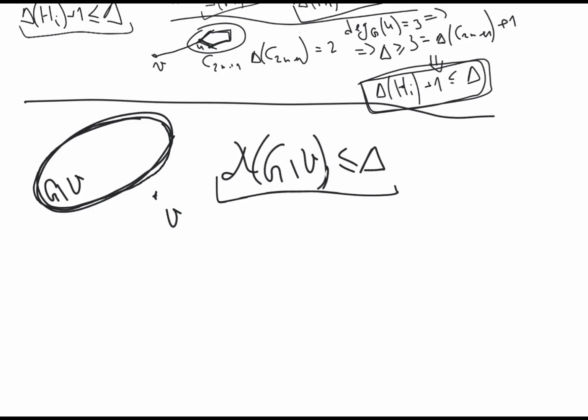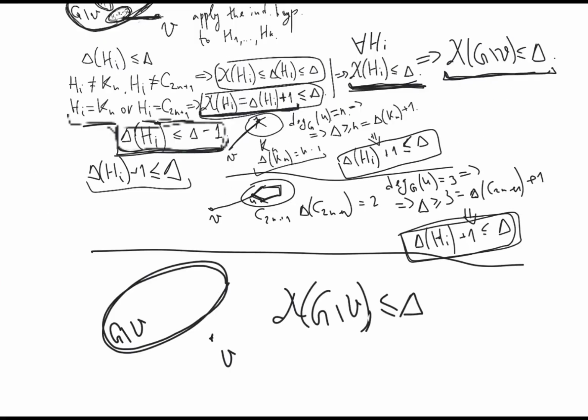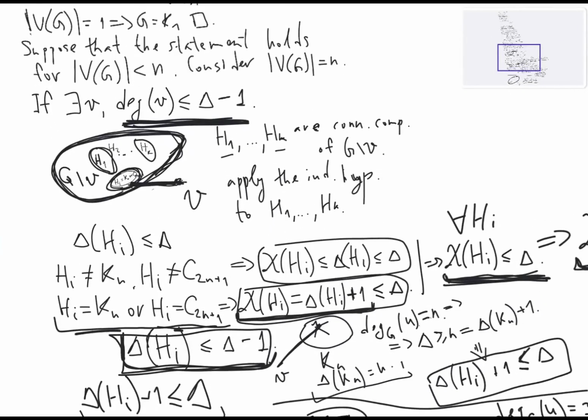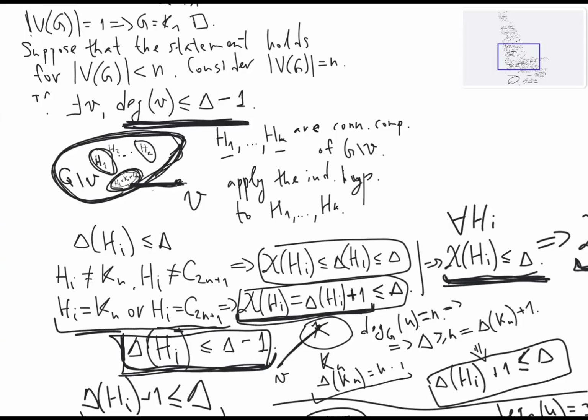But we don't. It's a more complicated argument. We didn't use this condition, so let's even remove it from here. So this applies to any vertex v, regardless of its degree.